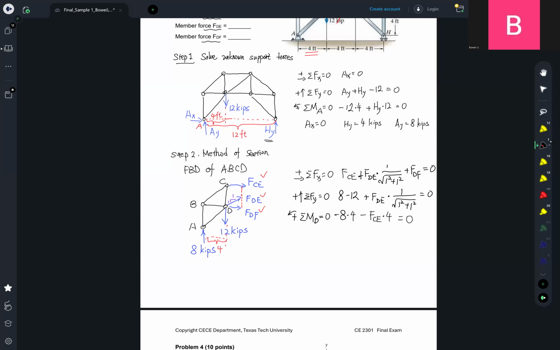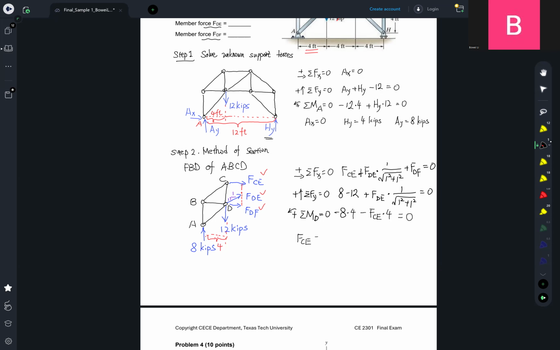Of course, you can use matrix inversion to solve the problem, but if we solve it by hand, it is not very hard. We can start with the third equation. By the third equation, we are going to have FCE equals -8 kips, right?